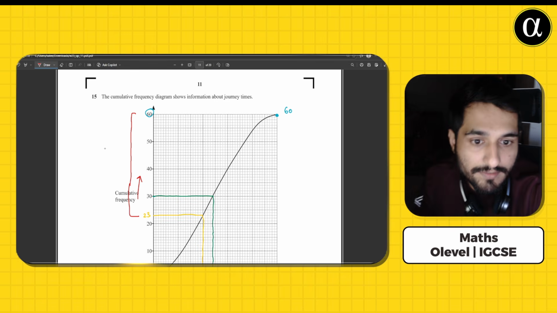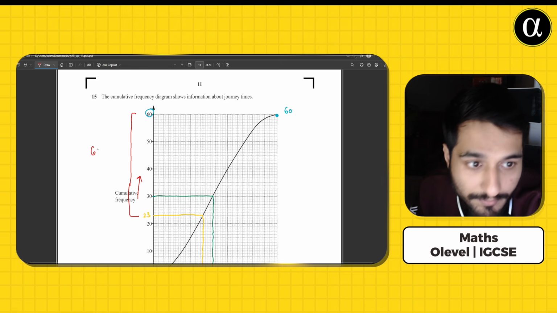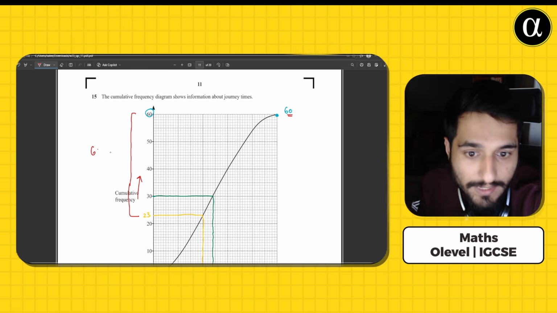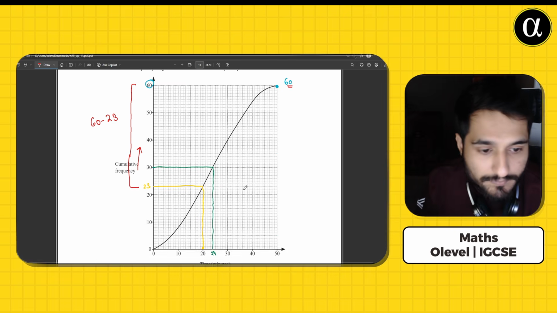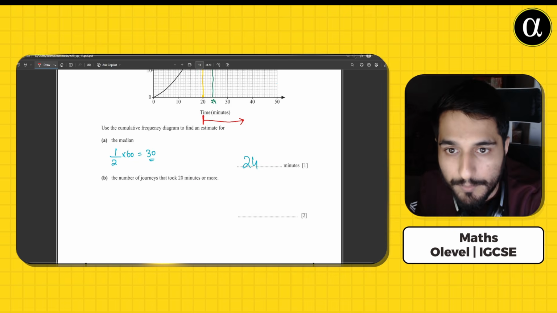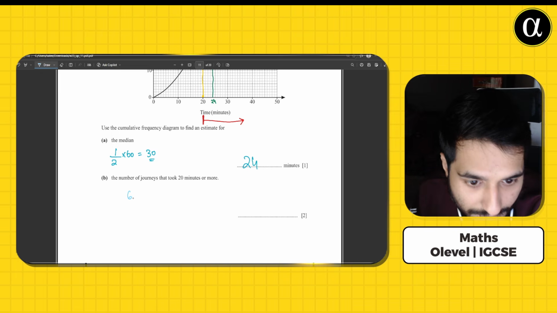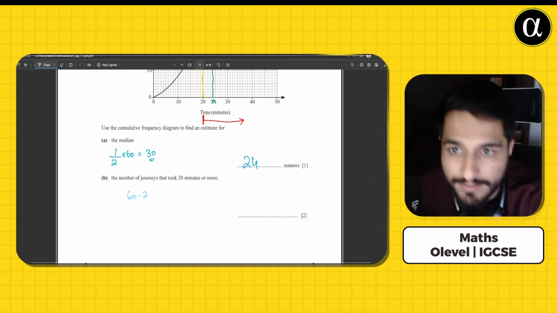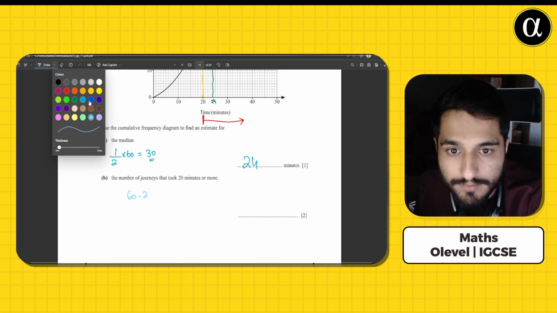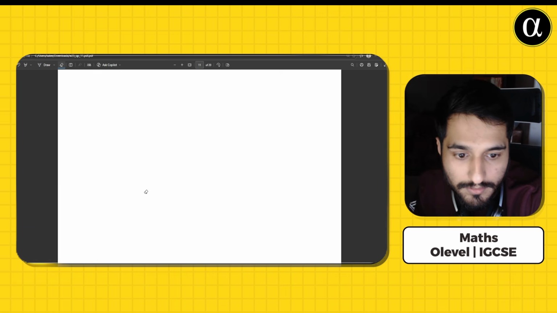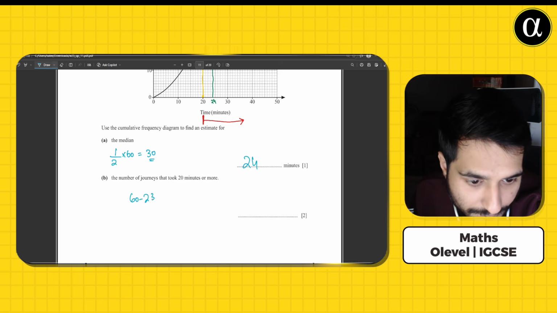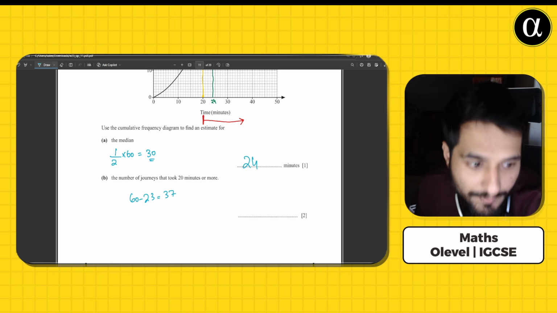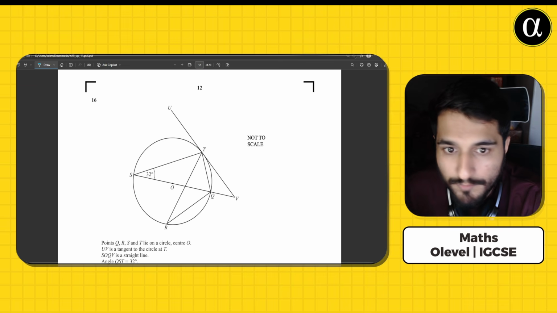To find this data set, keep in mind the total that we had was 60, and we're going to do 60 minus 23. All right. So this is going to be 60 minus 23. Let's use this color. So 60 minus 23. That will give me 37. Here we go. Let's move on to the next question.